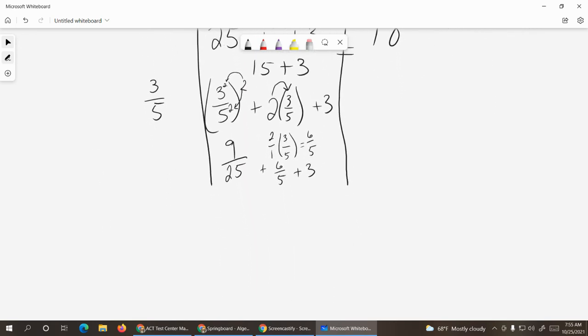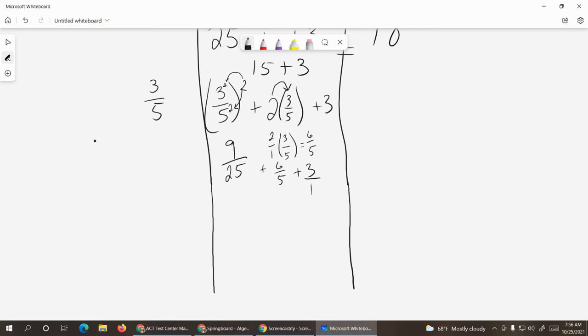So now I have an addition problem where all of them have a different denominator. And what is the least common denominator of 25, 5, and 1? It would be 25, right? Can I multiply 5 times a number and get 25?